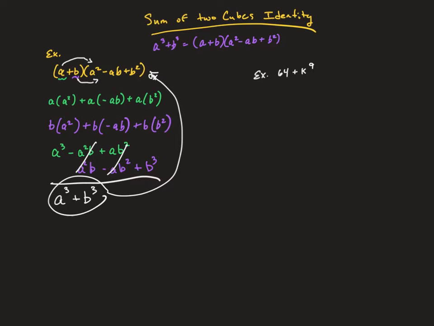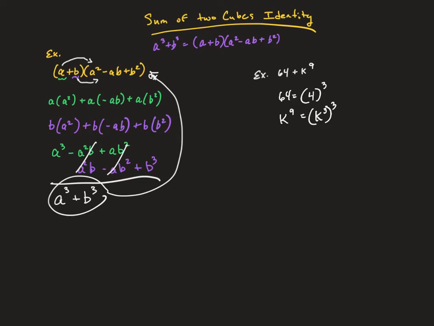So in doing so, what we want to identify here is, in this example as we walk through it, hopefully we recognize that 64 is a perfect cube and k to the ninth is a perfect cube. So if I rewrote those in this format, I want to find a cube. 64 is going to be equal to 4 cubed and k to the ninth is going to be equal to k to the third cubed.